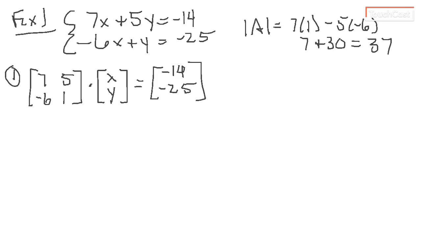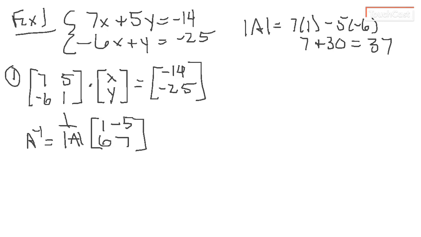Now, if you remember, to find the inverse matrix, we take 1 over the determinant of A, and we multiply it by the matrix A. In fact, let me rephrase that. We switch A and D, so 1 and 7 get switched, and then we take the opposites of B and C. So we take negative 5 and positive 6.